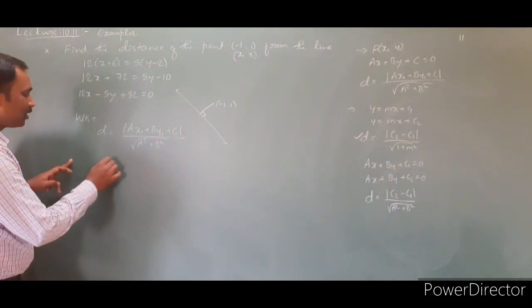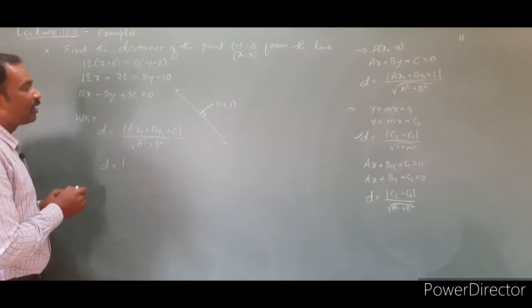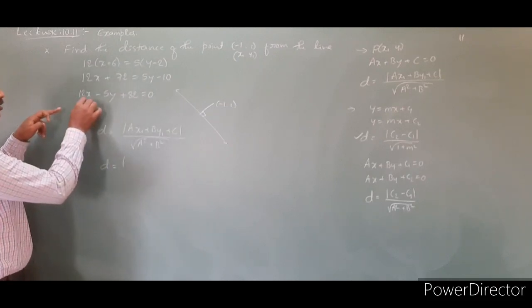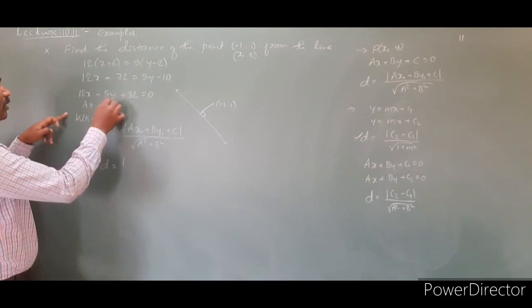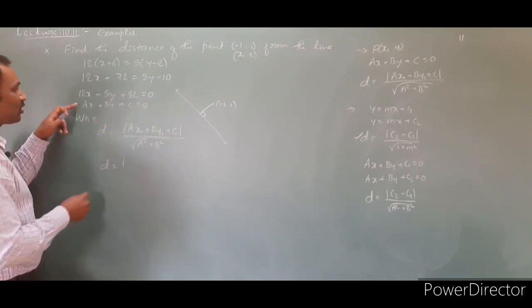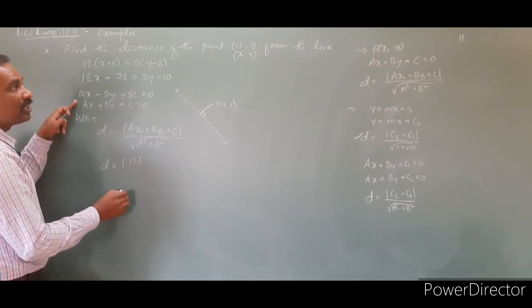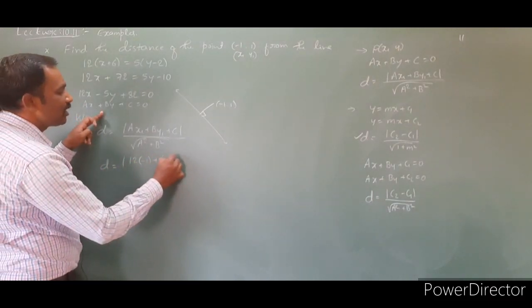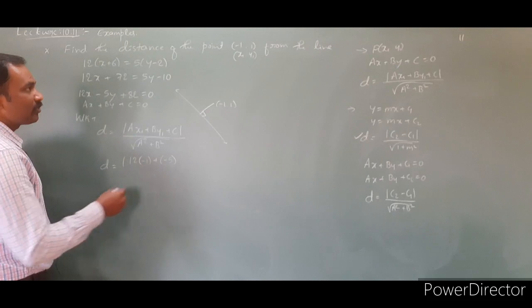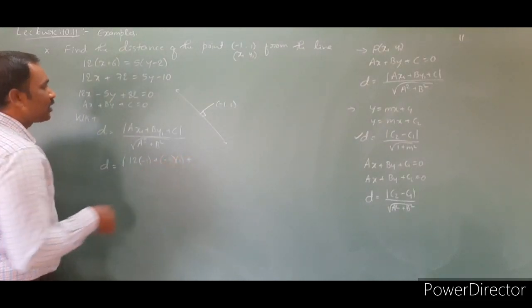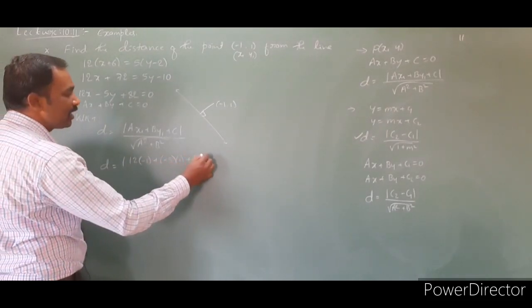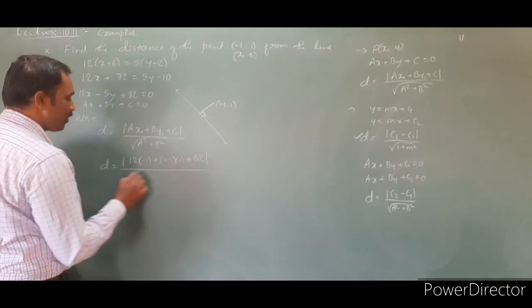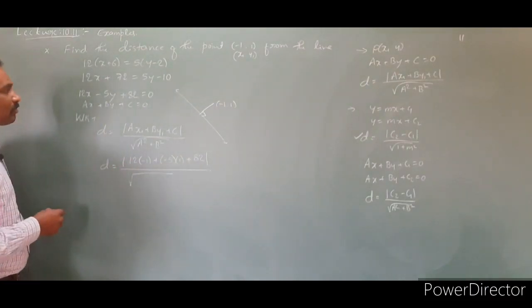So d is equal to mod of a into x1, where a is 12 and x1 is minus 1, plus b, which is minus 5, into y1. What is the y1 value? The y1 value is 1, plus c, which is 82. The whole thing is divided by the root of a square plus b square.